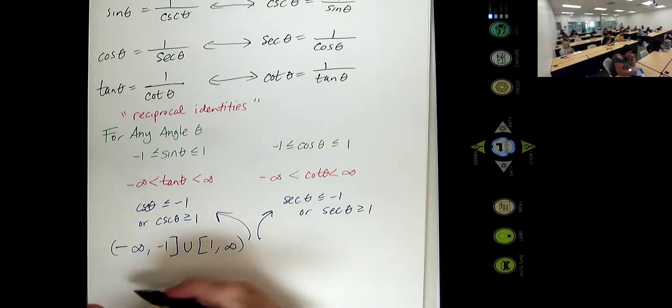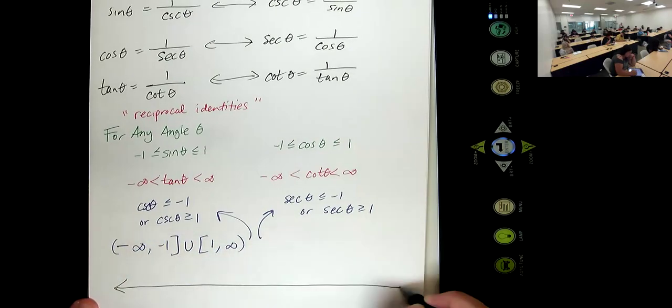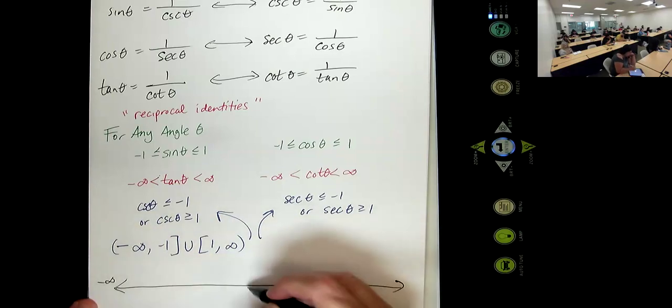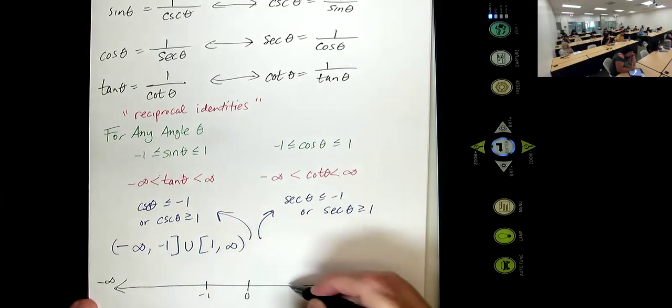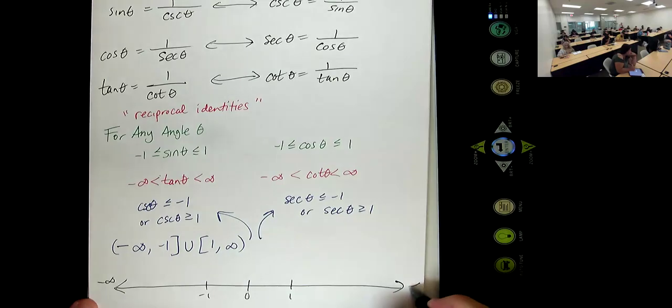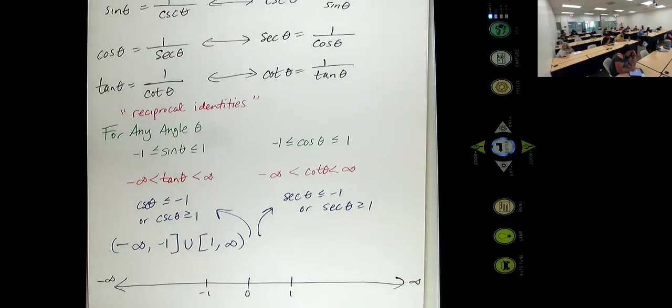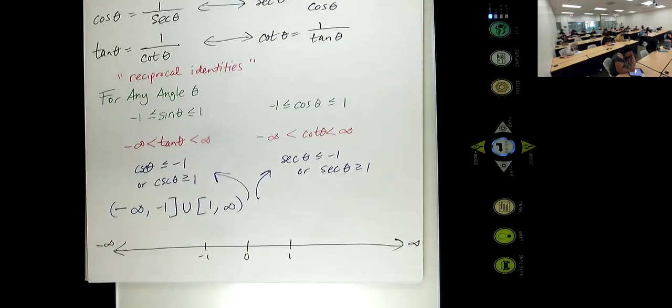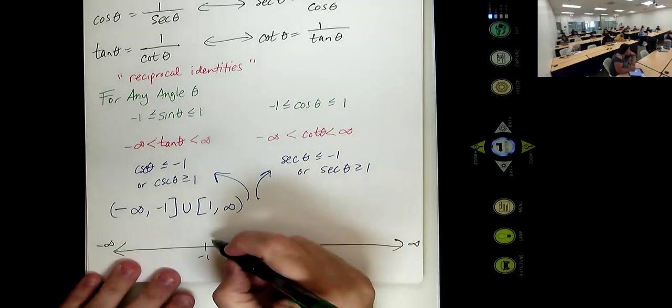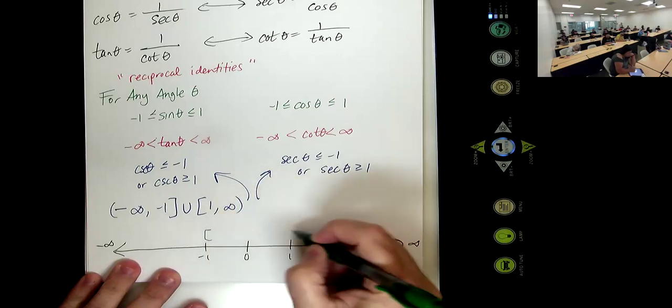So if you like looking at number lines, a number line approach is actually pretty handy here. Sine and cosine can be in here.